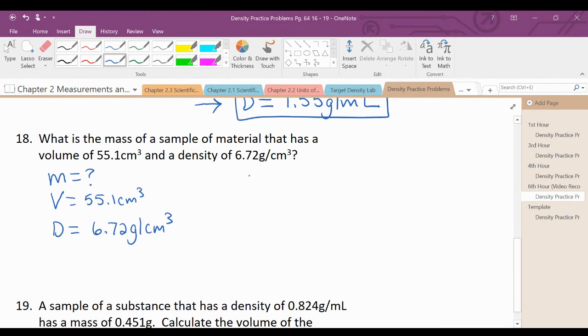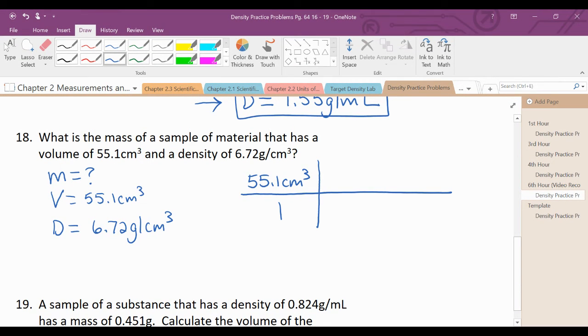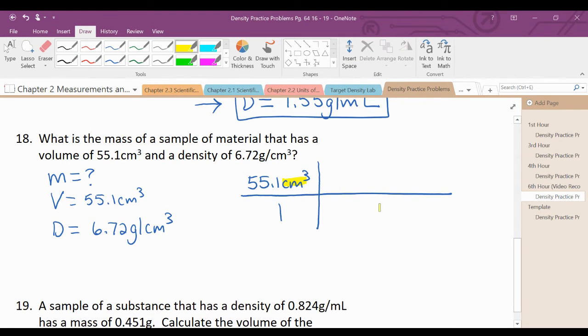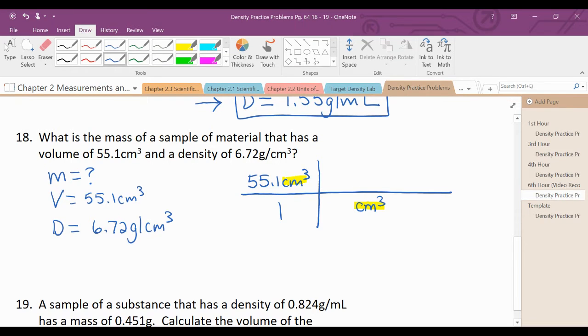So I start with my volume. I'm going to set up my railroad tracks. The units here, I move down. The units I want, which is the mass, are grams, go up here.